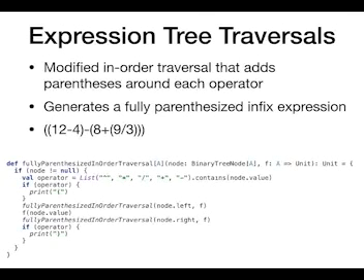Even if they're redundant according to the order of operations, we're going to add parentheses every single place where we could add parentheses. So we want to generate this expression. So like we're explicitly putting the parentheses around here to say that this is evaluated first, even though order of operations should take care of that. But we just want to add a fully parenthesized expression.